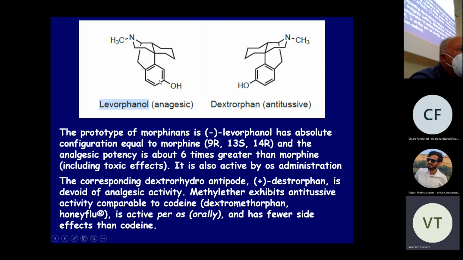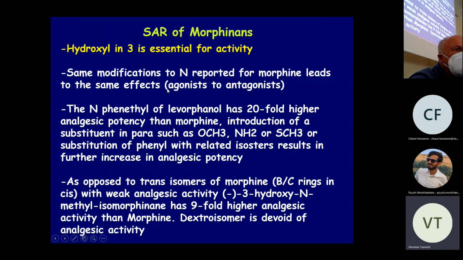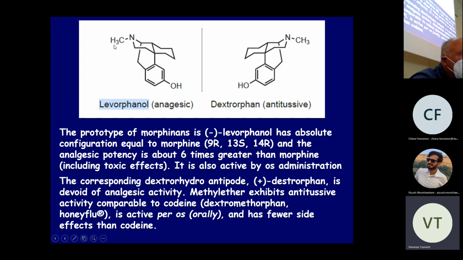Also the phenolic ring. Once again, you see the methyl group on the nitrogen, on the basic nitrogen atom. But nothing new. Only the use of the mirror image, dextromethorphan instead of levorphanol.